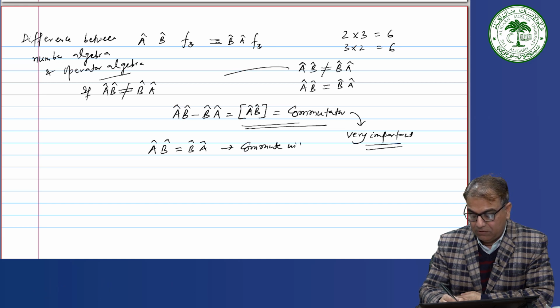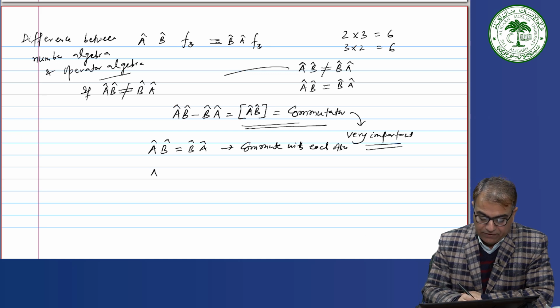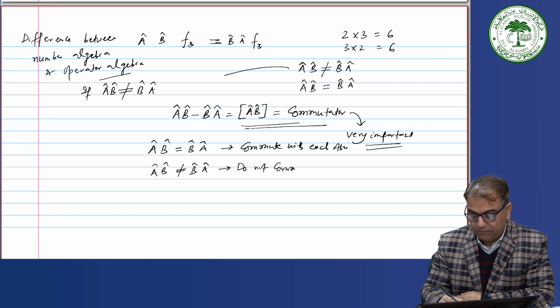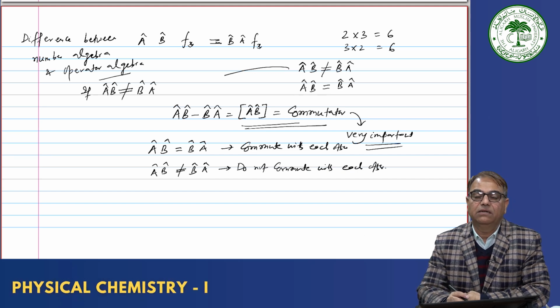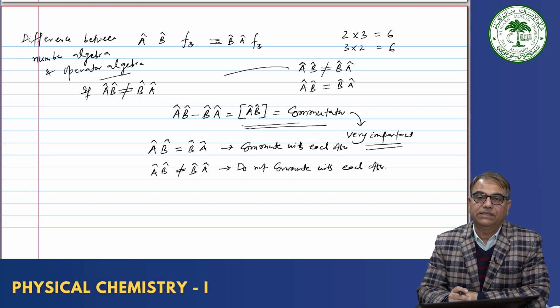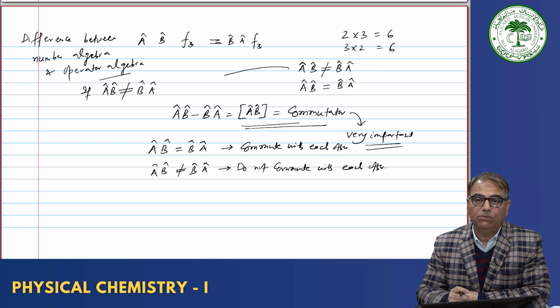And if AB is not equal to BA, we say they do not commute with each other. In the next class, we will see the examples of whether the position and the momentum operators commute with each other or not. Okay. So in the next class, we will start from this point.